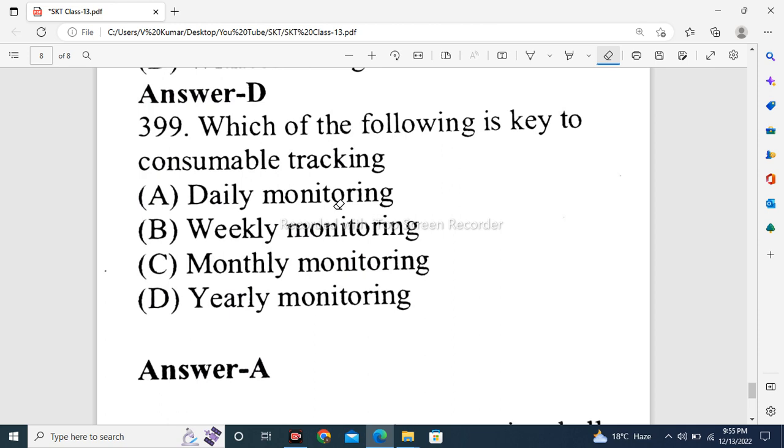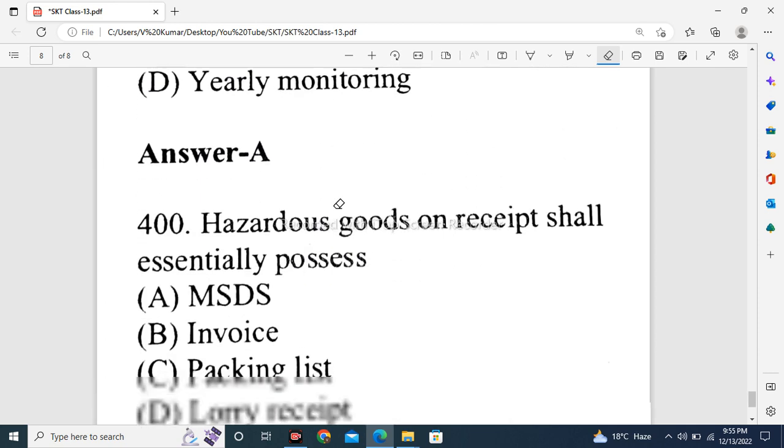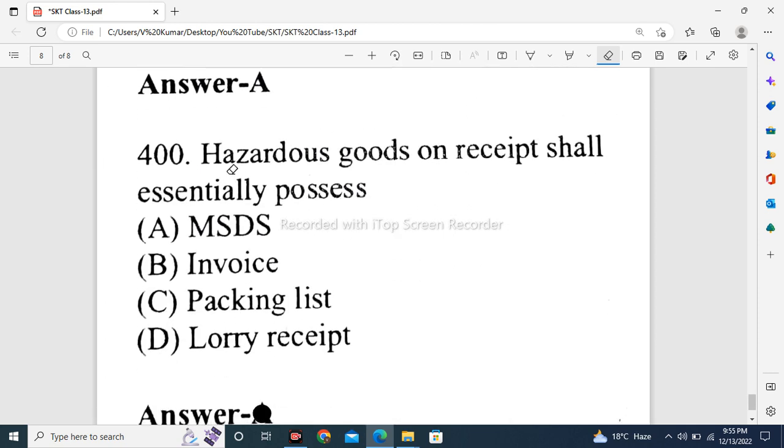Daily monitoring. नेक्स्ट है hazardous goods on receipt shall essentially possess A. MSDS, B. invoice, C. packing list, D. lorry receipt. आंसर है A MSDS. 400 का आंसर A.